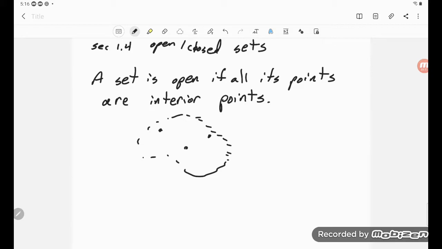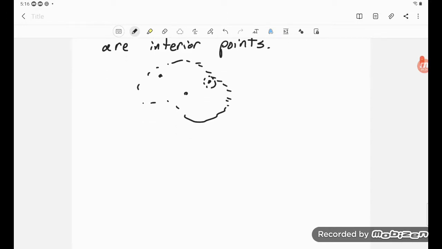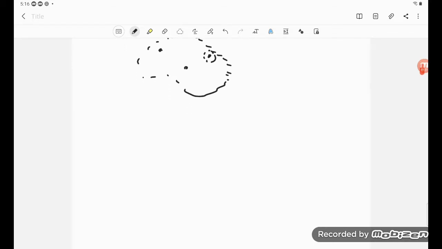So that's an open set. So I can always draw some small open disk around it. Okay, so of course the open disk is an open set. That's kind of why it's called an open disk, I guess.